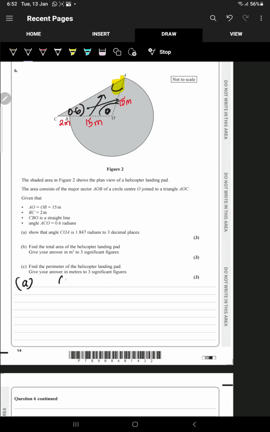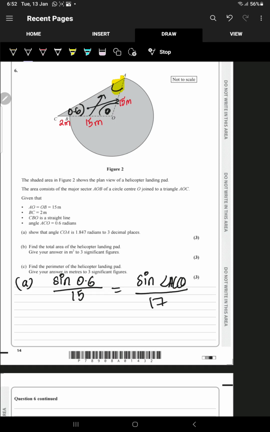So we are using the sine rule. We have sine of 0.6 over 15, the opposite side, equals the missing angle, sine of angle ACO, over the opposite side, 17.